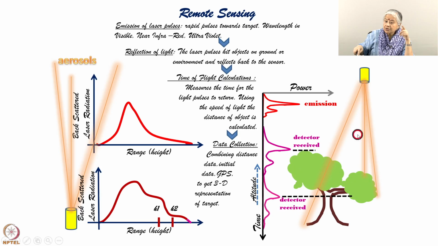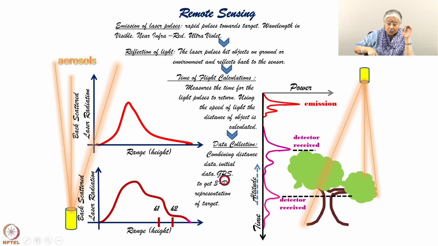Each time you scan, you are getting a different time value, and you are converting it into the height. This is the altitude that I have put here. The time goes this way, and conversion into altitude goes this way. So you can map the terrain, and you can pinpoint exactly where that terrain is, because you've connected up your data collection system to the GPS.